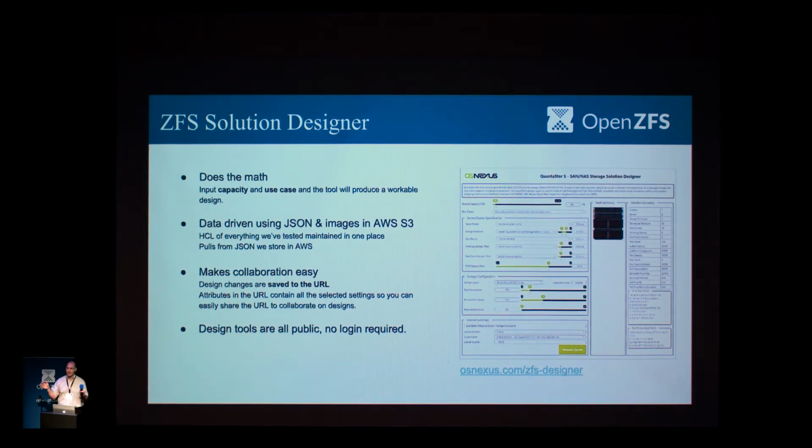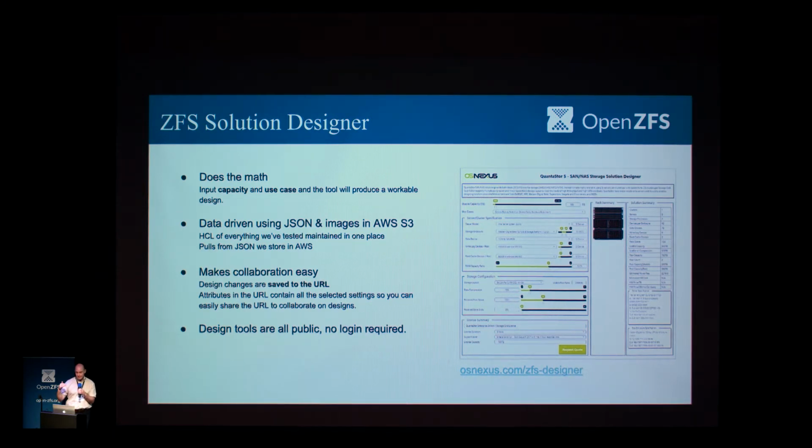There's a lot of knowledge here that we all just take for granted after using ZFS for so many years. I was trying to get a lot of that knowledge into the tool so that more and more people could be successful in deploying ZFS solutions and take a lot of the mystery and fear out of it.